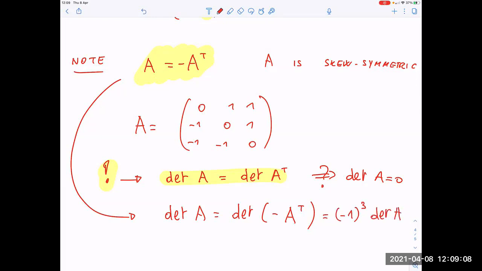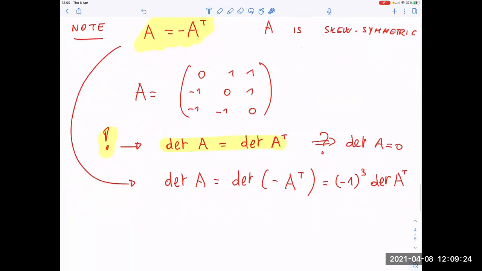Again, this is something that you can check for the 3×3 determinant, but it will be definitely clearer when we finish our part about determinants. And so you get that the determinant of A is minus the determinant of A. And so it must be 0, okay?